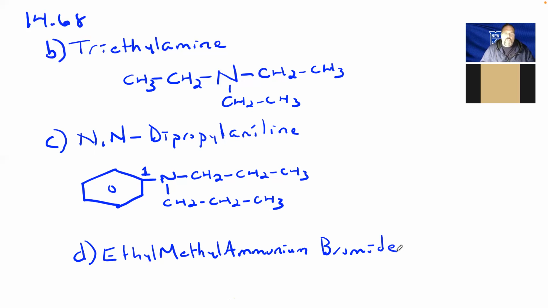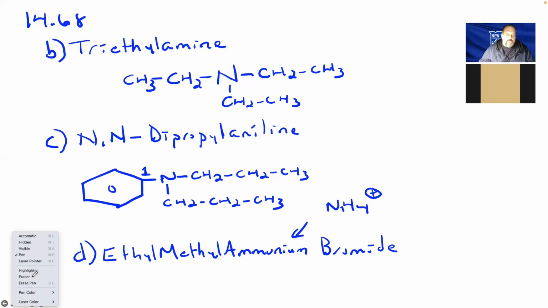fact that when you have 4 bonds on nitrogen, as we saw earlier, the nitrogen is not neutral. The nitrogen is going to have a positive charge. The big difference here in terms of drawing the structure is that we don't want to use ammonia as the starting point. We want to use the ammonium ion as the reference point.